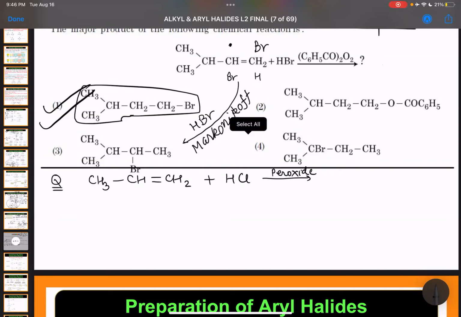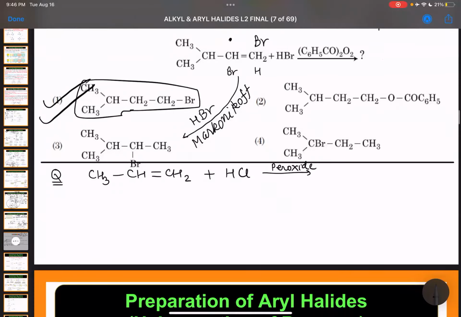So HCl is taken and peroxide is taken, you can see here. And they are asking you what is the intermediate formed. Okay, what is going to be the intermediate formed in this reaction?